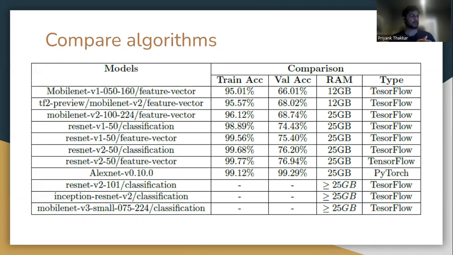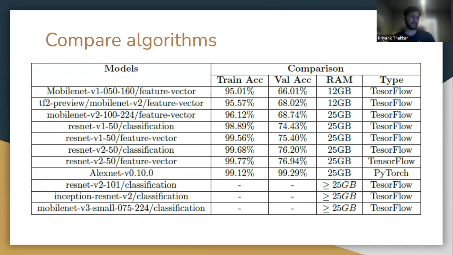If we move down, the ResNet version 2 with 50 layers, the feature vector, gives a training accuracy of 99.77. On top of it, the validation accuracy is 96.94, which is almost 97. And as you can see, from top to bottom in ascending order, that algorithm had the highest validation accuracy in TensorFlow.